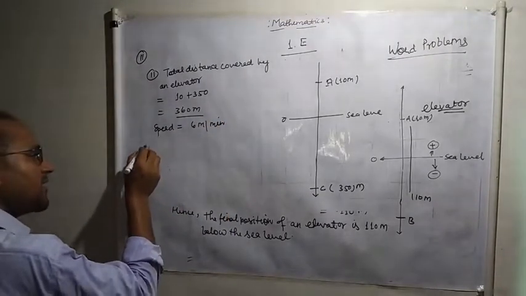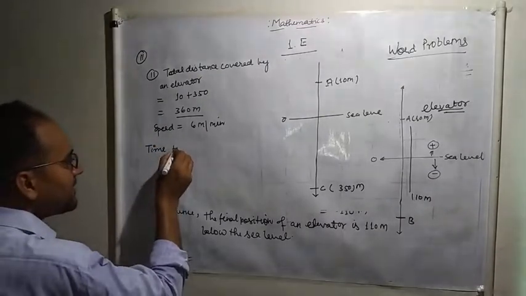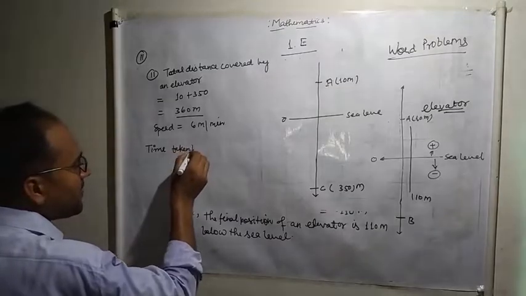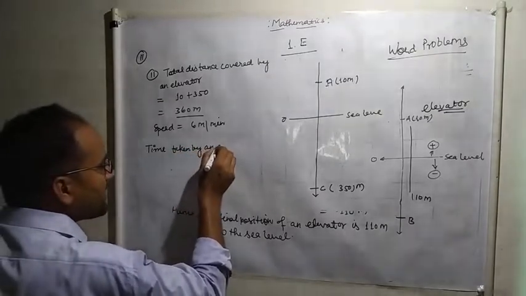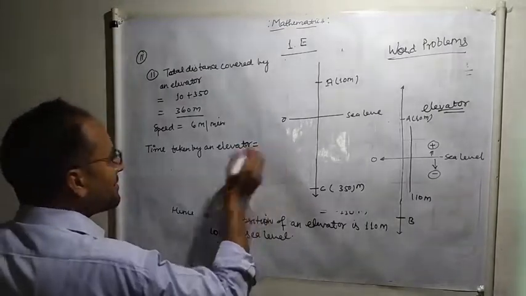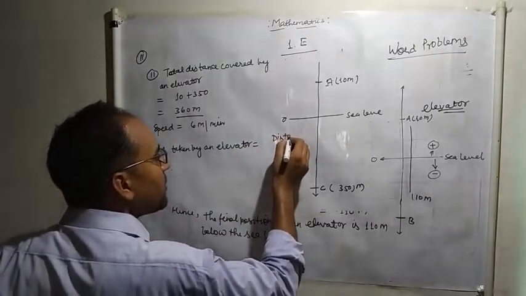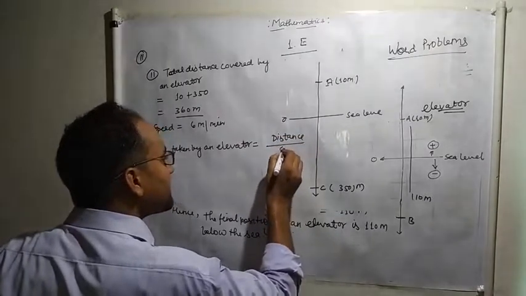So the time taken by an elevator is equal to distance upon speed.